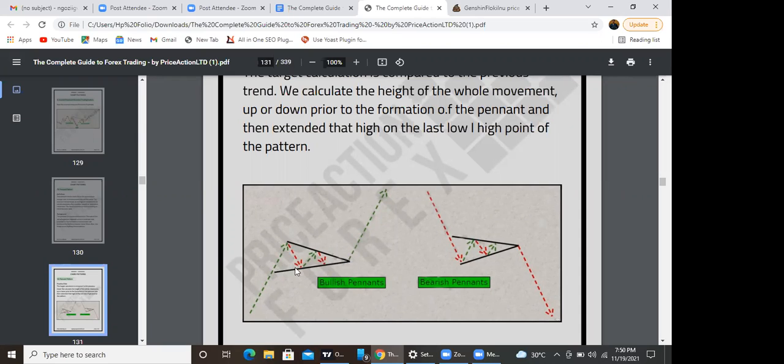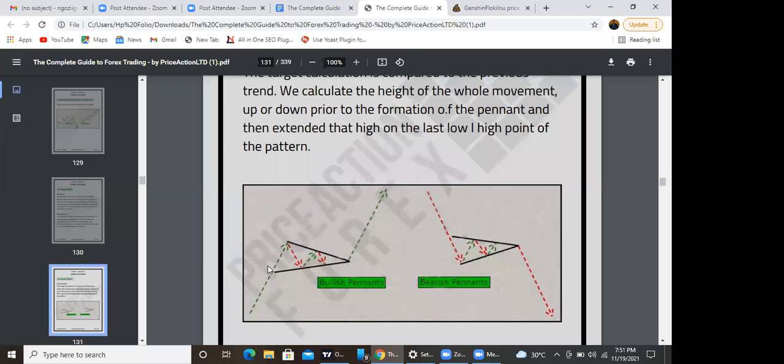But on a pennant pattern, the support is sloping upward while the resistance is sloping downward, and the structure has to meet at the junction. On a symmetrical triangle, it will still slope downward and upward, but it might not meet.